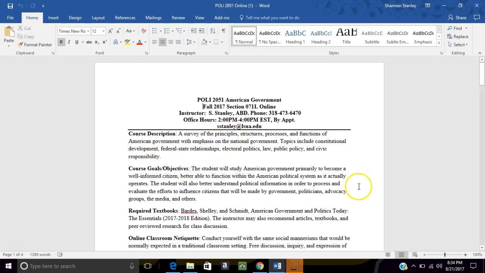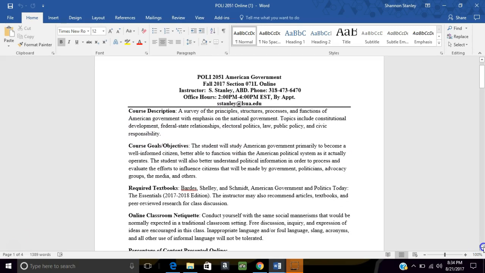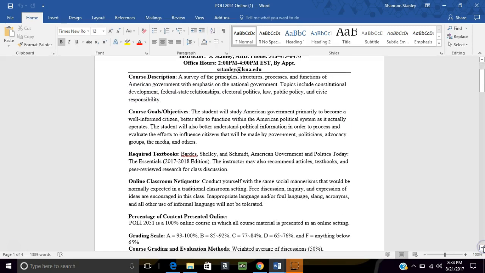Course description, you probably read when you were signing up for the class. Survey the principles, structures, processes, and functions of the American government, with emphasis on the national government. I would probably say that it would be better stated as the U.S. government, but that's how the catalog has it described.